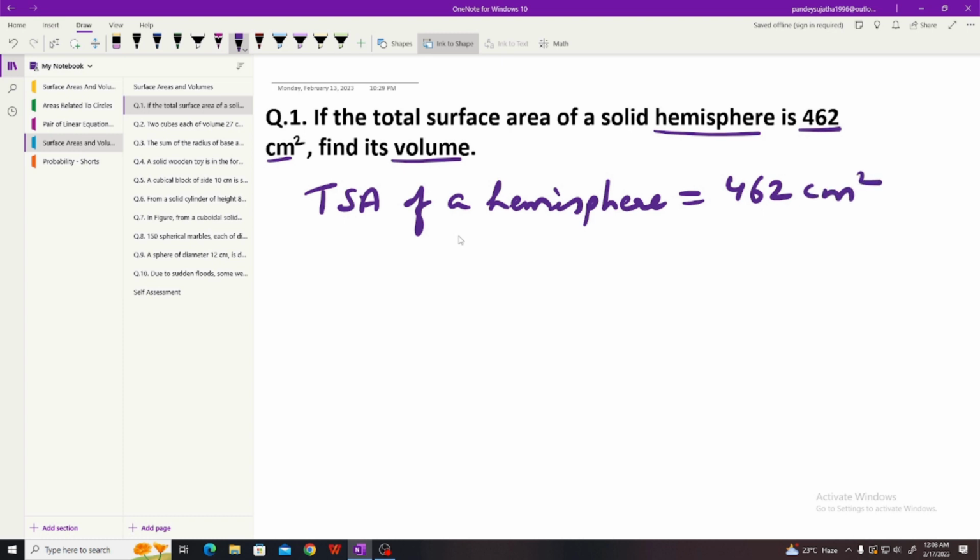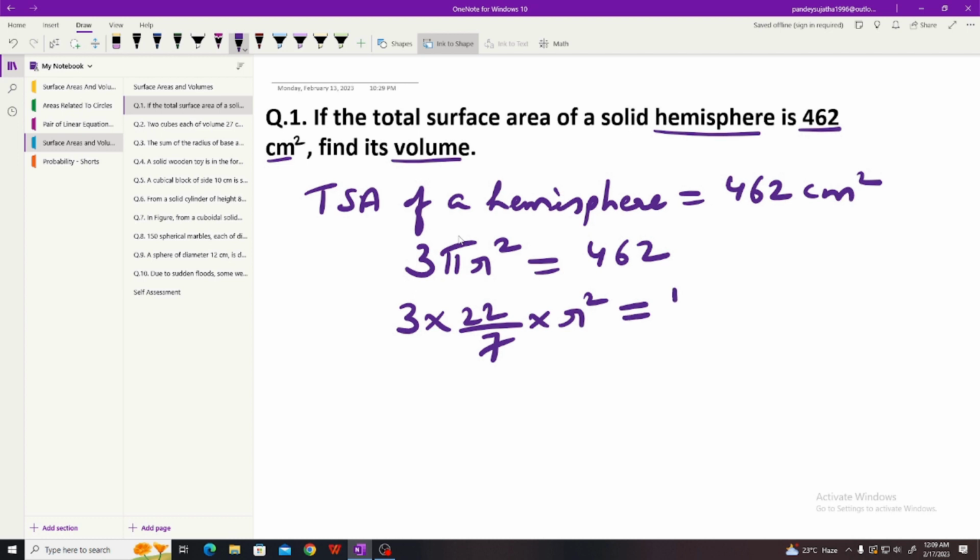We need to find the volume, but before that just apply the formula of total surface area of a hemisphere, which is 3 pi r square, which is equal to 462. Put the values: 3 into 22 upon 7 into r square equal to 462. Cancel it.